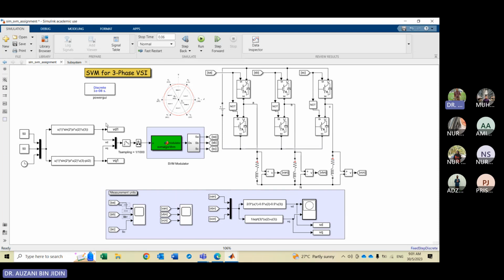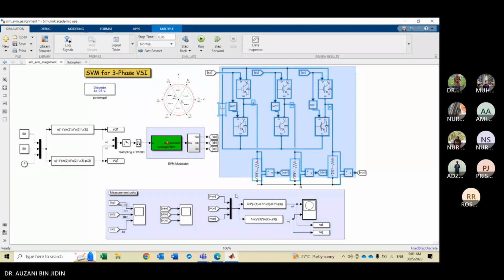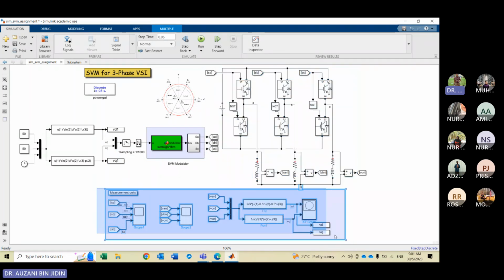Boleh maksudnya you dah develop the modulator ya. This part you have developed yesterday, right? Okay, now you can extend to construct the rest part, which are the inverter circuit and the measurement unit section here.